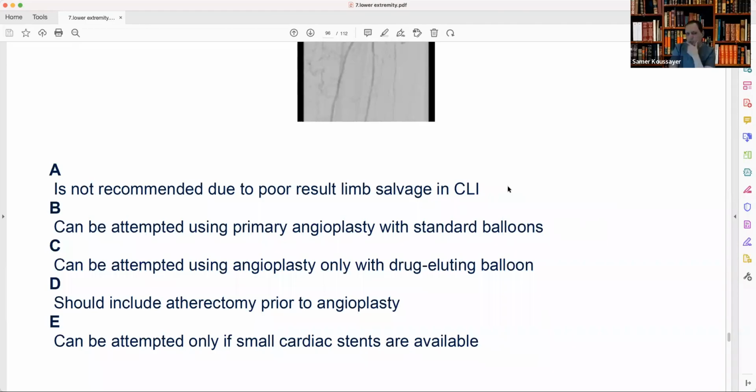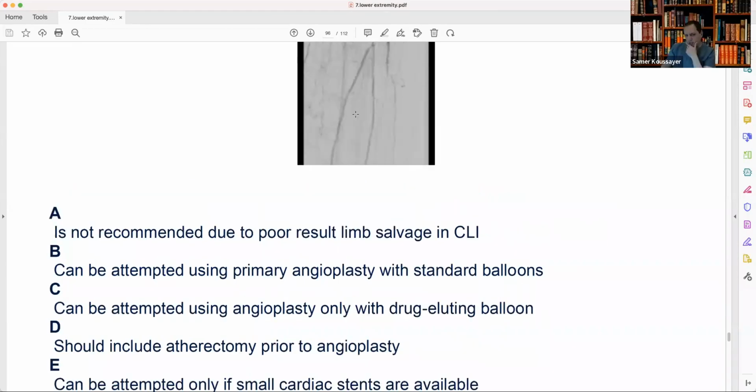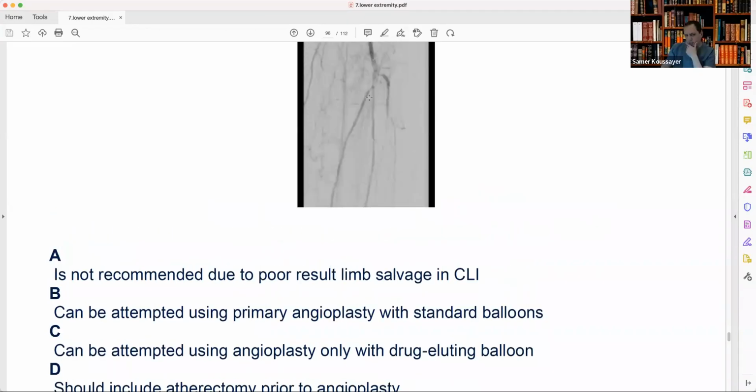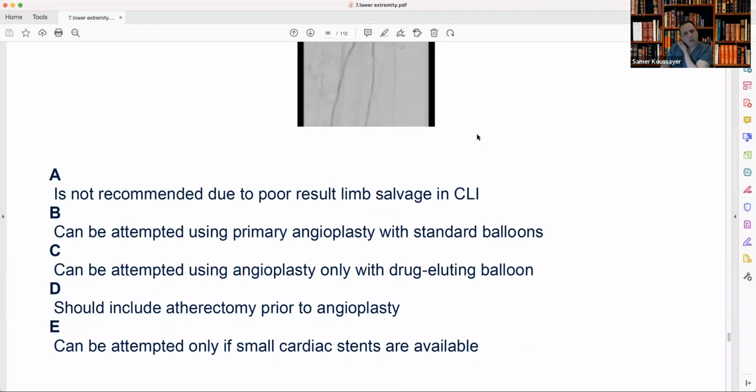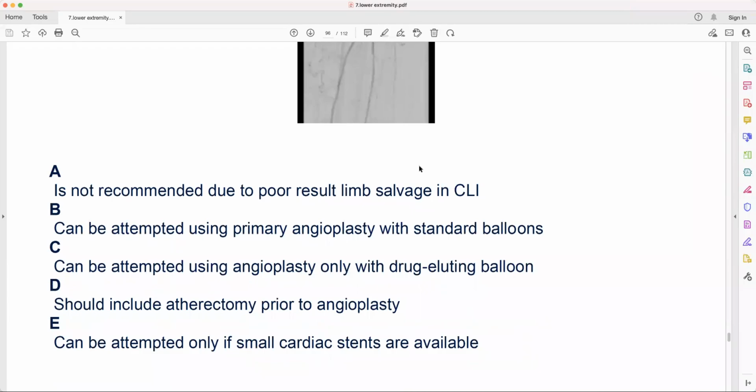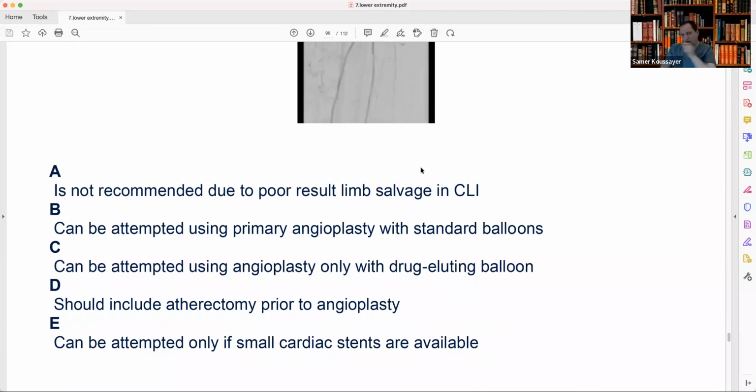One time I used a really small cardiac stent because the lesion was small, and after I finished, I had good runoff with only a flow-limiting dissection. So I used a drug-coated stent from the coronary. That works fine, but this is wrong, rarely. Yes, you can use it if you have a localized small dissection, but again, "only" is also wrong. The moment you see "only" in the question, this is wrong.